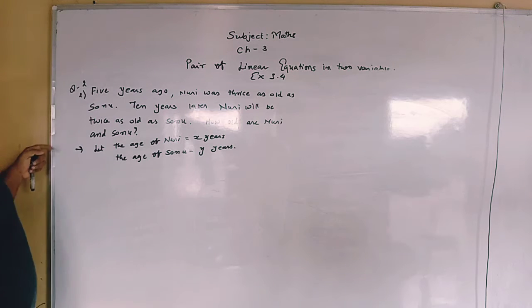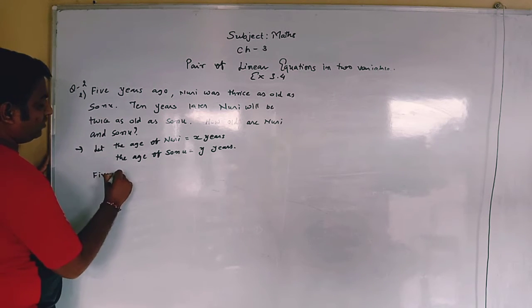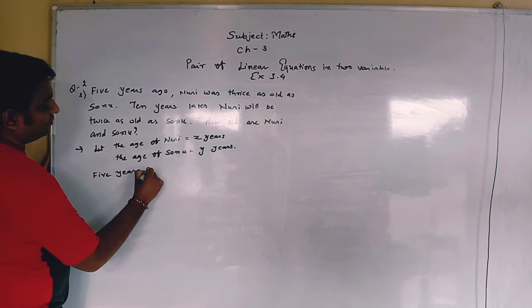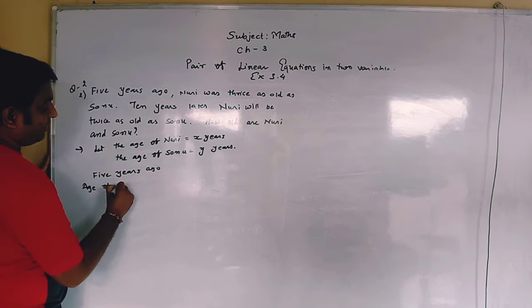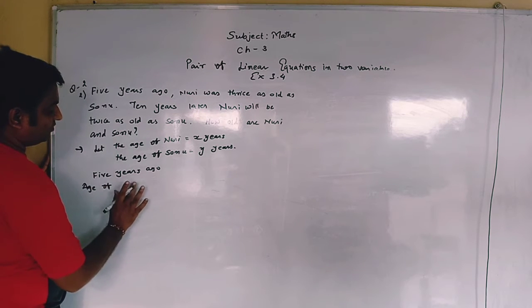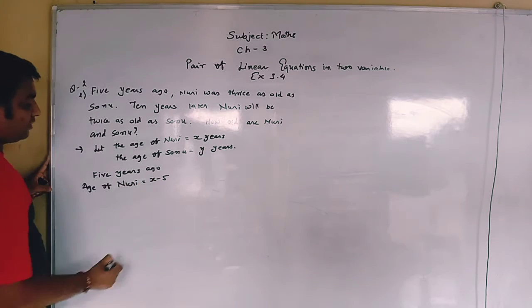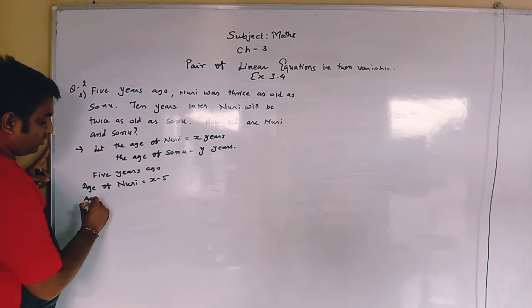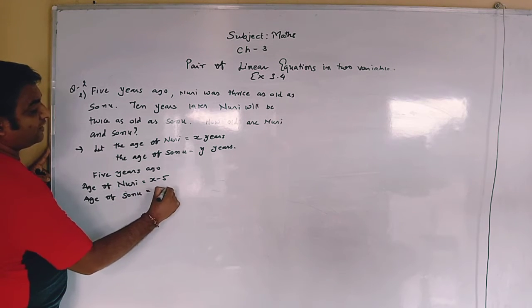Now here the relation is given for 5 years before, so we write 5 years ago. The age of Nuri will be x minus 5, and the age of Sonu will also be 5 years less, so y minus 5 years.